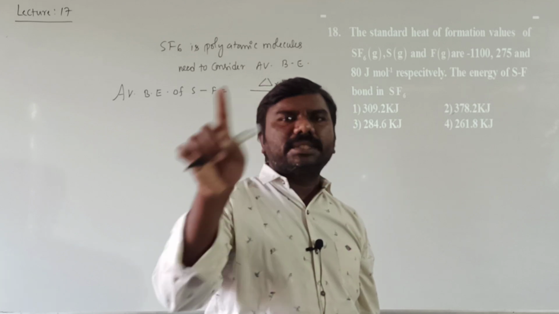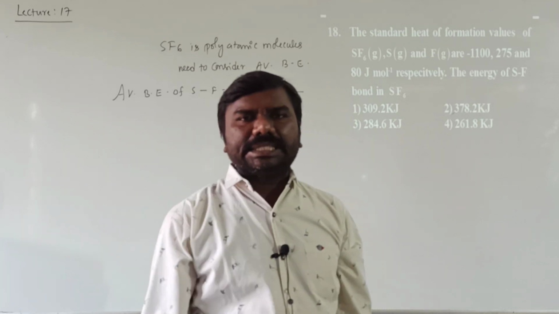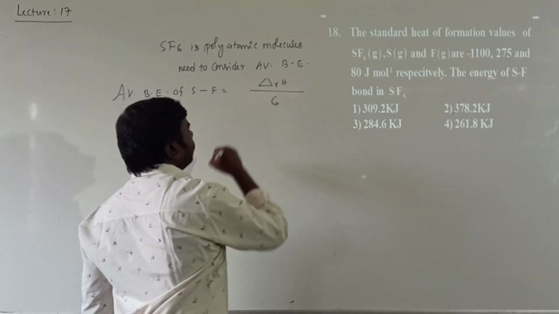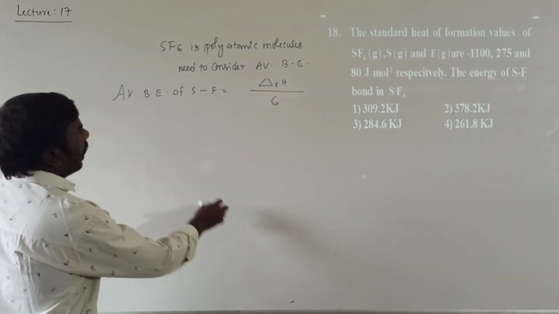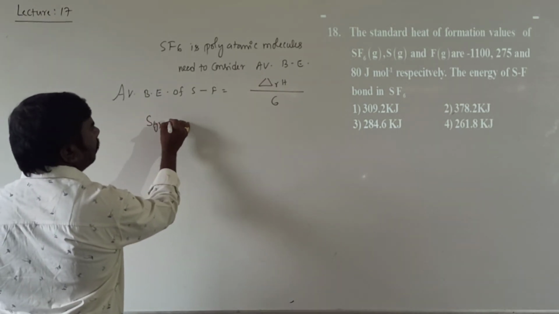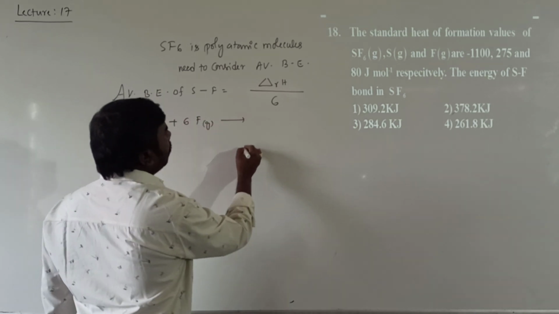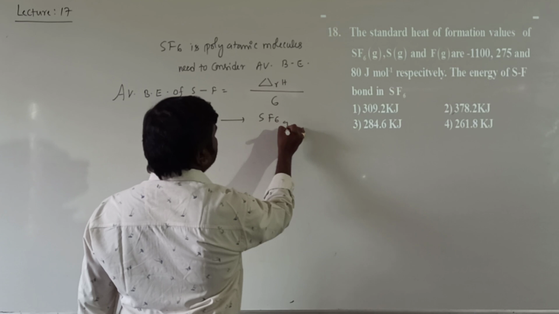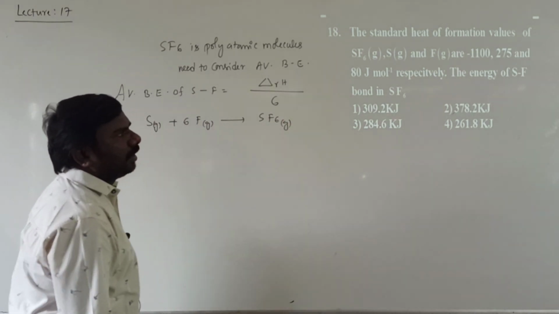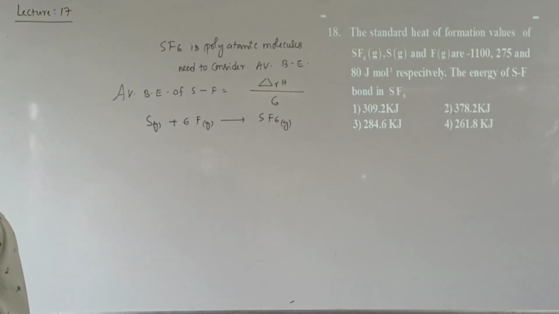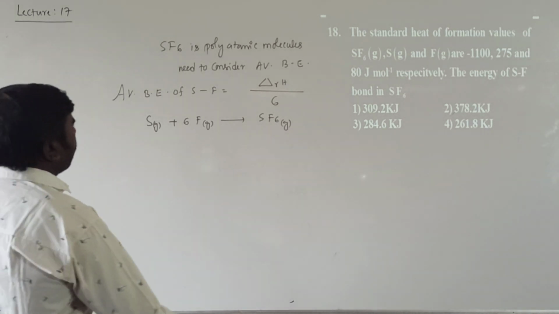S is surrounded by 6 fluorine atoms with 6 bonds, total is 6, right? The reaction is S gas plus 6F gas gives rise to SF6 gas, right? So how do we calculate the enthalpy of reaction? They gave formation values, so here the reaction enthalpy is reactants minus products.